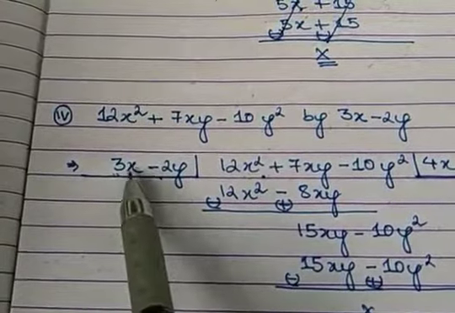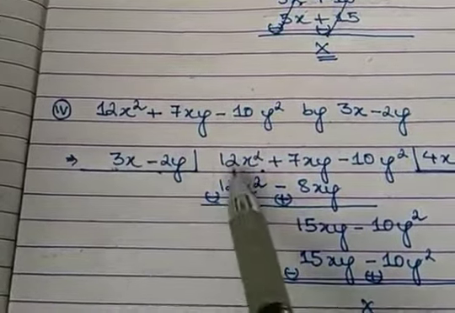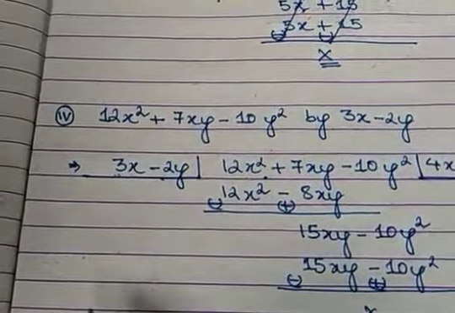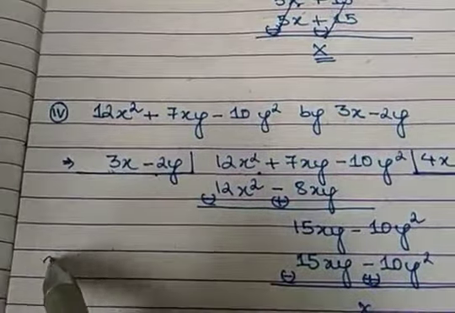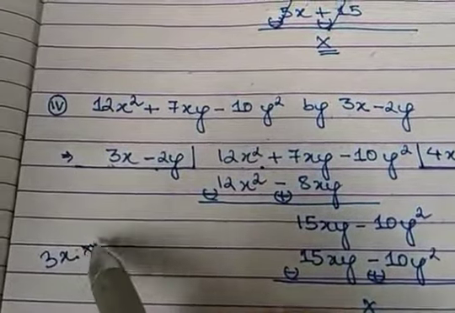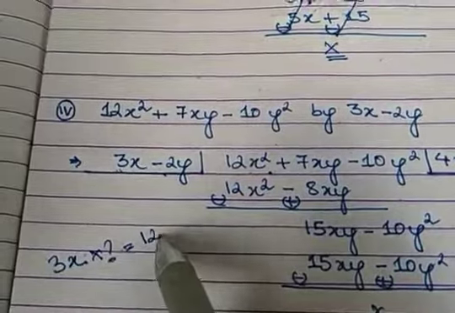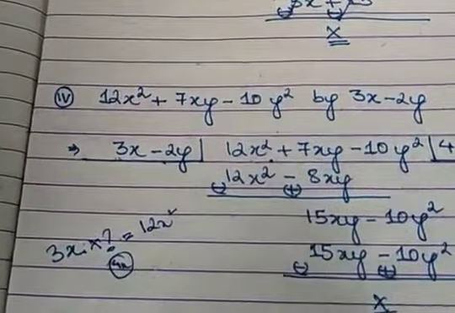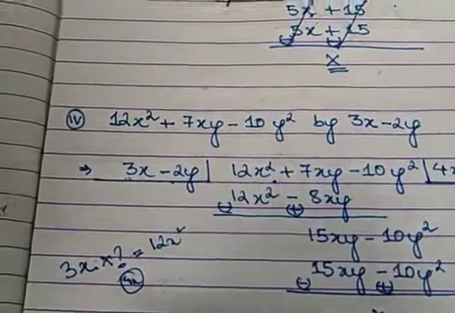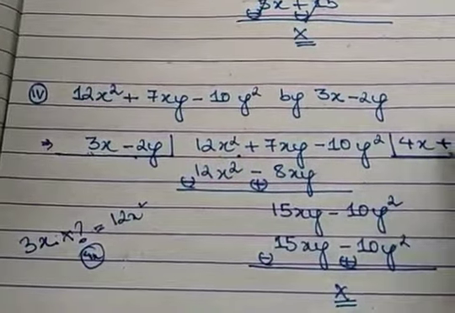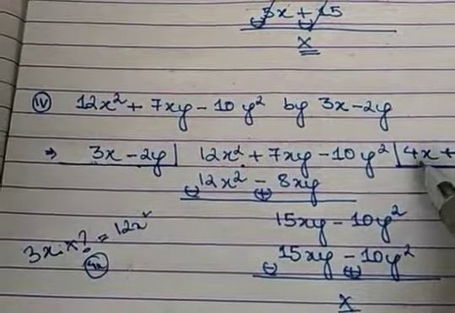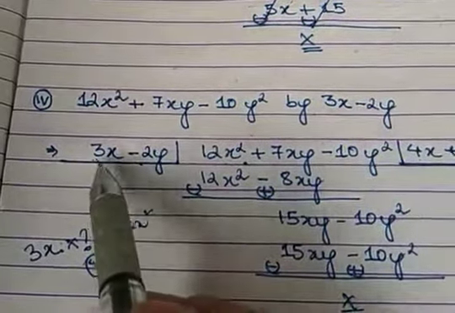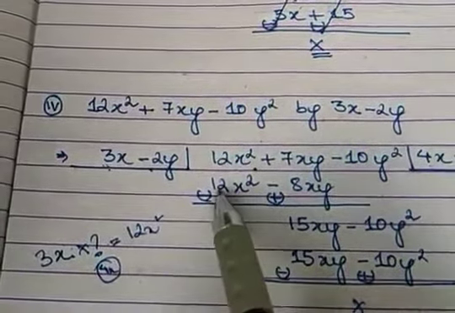What should I multiply with plus 3x to get plus 12x squared? The simple answer is 4x. So plus 4x, that is what I have used here. When plus 4x and plus 3x are multiplied, you will get plus 12x squared.